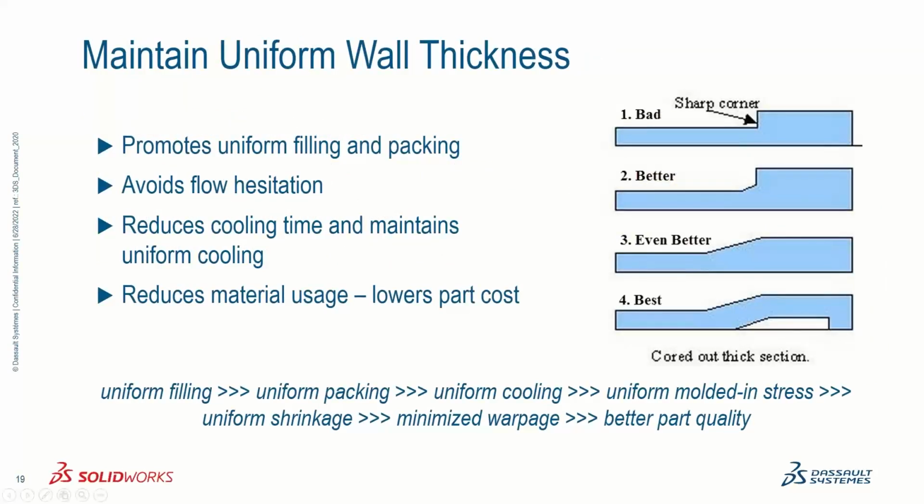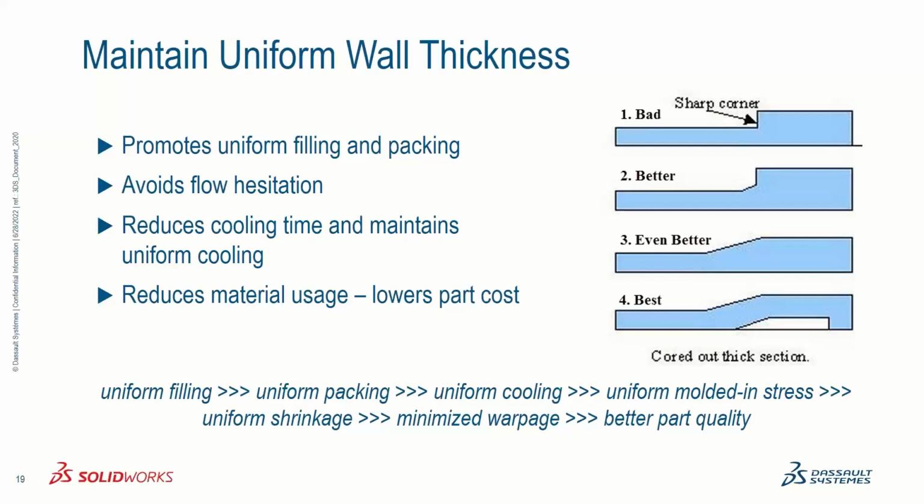So now the first best practice, which is to maintain uniform wall thickness. The reason behind this is that it promotes uniform filling and packing. When your wall thickness is the same throughout and you start injecting the material into the mold, it fills uniformly, and once you get into the packing phase, it shrinks uniformly, and both of these are highly desirable.